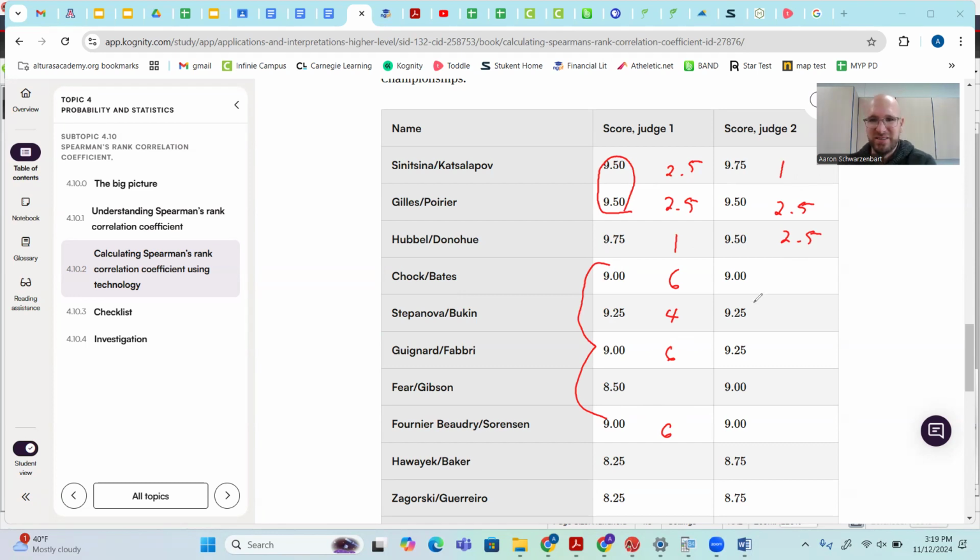I don't know what order they put these in, but this is 4 and 5, so 4.5 for each of those. So 6, 7, 8, so 7. And I'm not going to worry about finishing the list. They did that for me in the example.